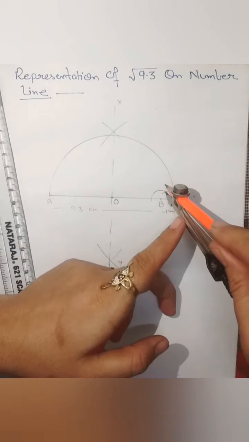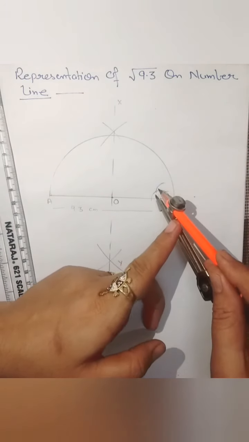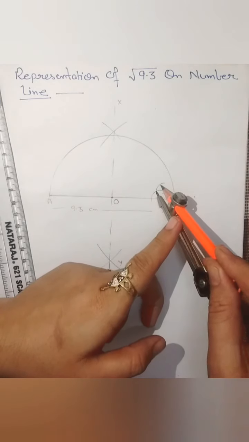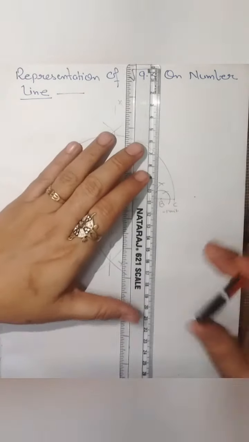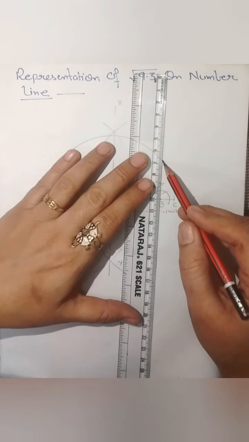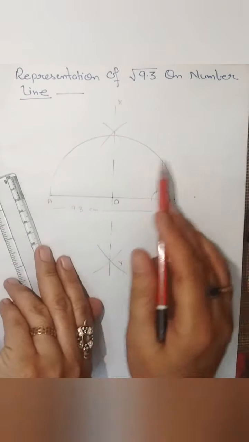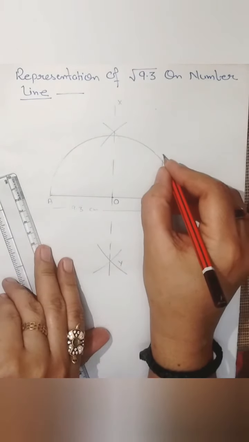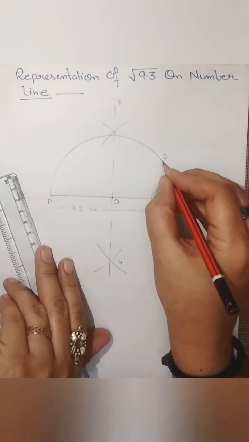You all know how to draw 90 degrees with the help of compass, as you have already learned. Now this perpendicular BD, which is perpendicular to AC, intersects the semicircle at point D.